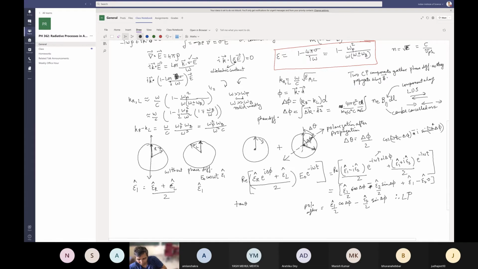So this is again linearly polarized, except that if it was epsilon 1 hat here, and this is epsilon 2 here, this angle theta, tan theta, is nothing but sine delta phi.